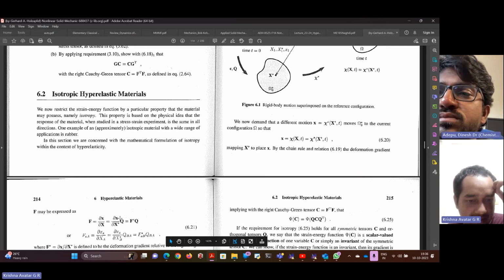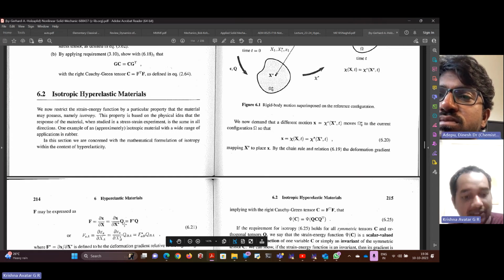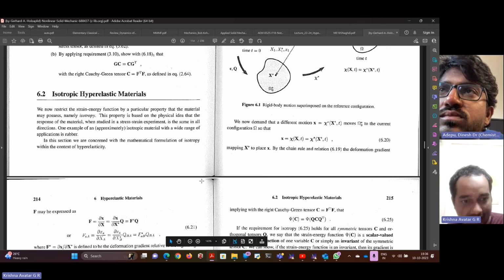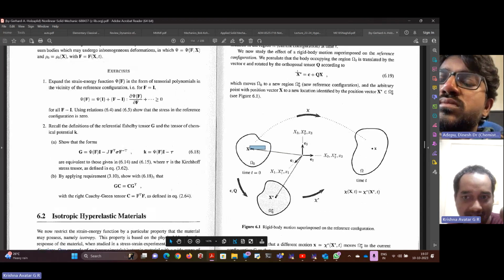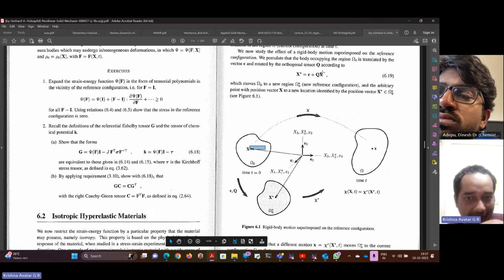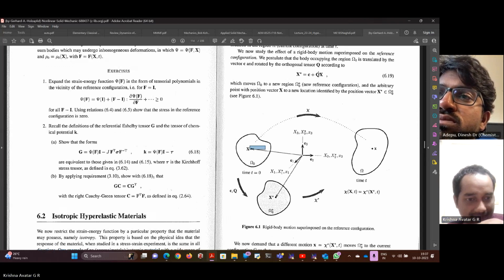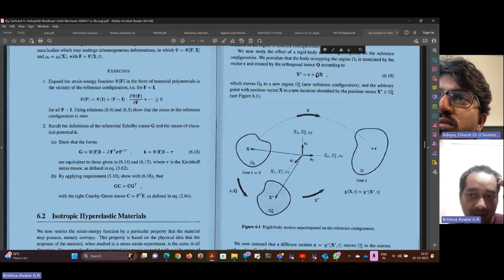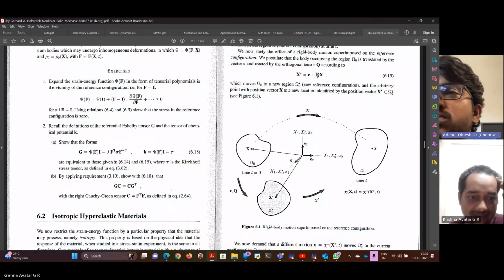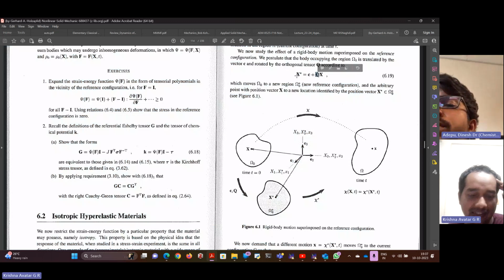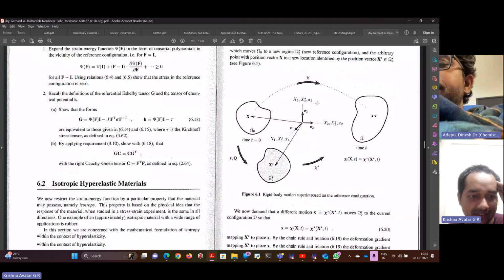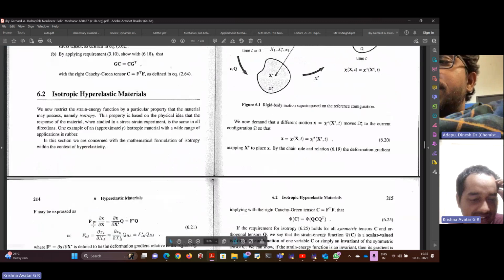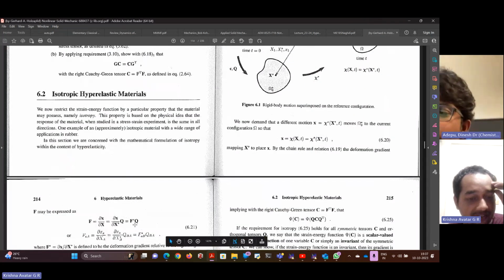So it is like partial x by partial capital X star into partial capital X star by partial capital X. And what we saw from here is that the partial derivative of capital X star with respect to capital X is just Q, because Q is invariant, it's a rigid rotation, it's a constant. So only Q will remain. When you take the partial derivative of X star with respect to X, we put that in and we saw that the deformation gradient will be F star Q.